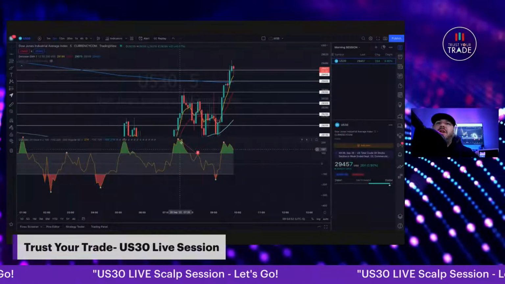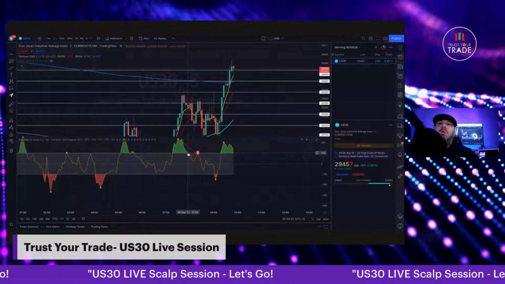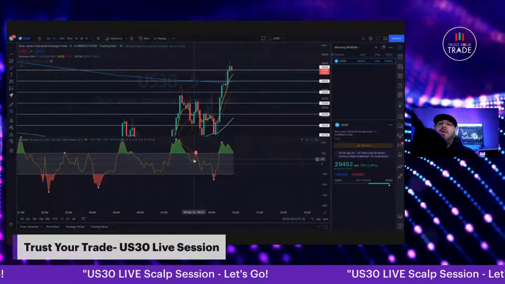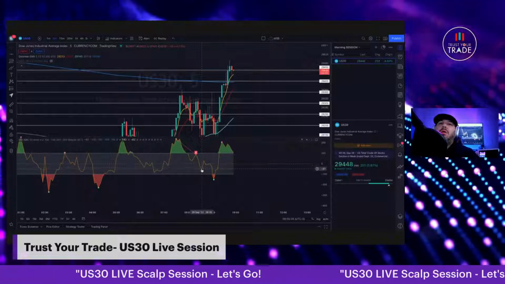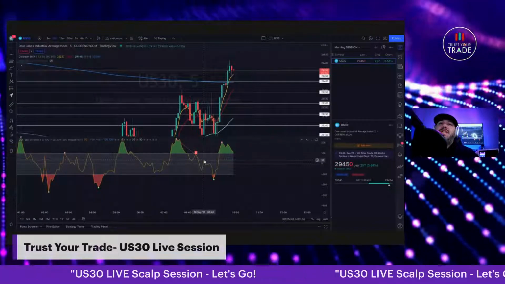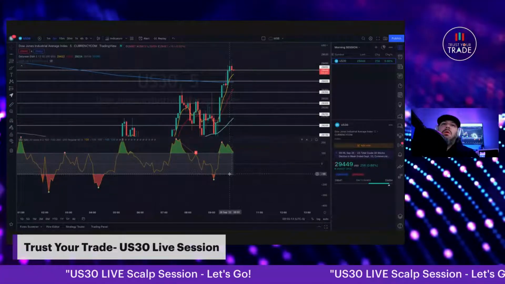Look at the patterns here. She came up, then she came down. She came back up, then she fell, came back up, retested, then she fell, came back up, retested, then she fell again. Boom.